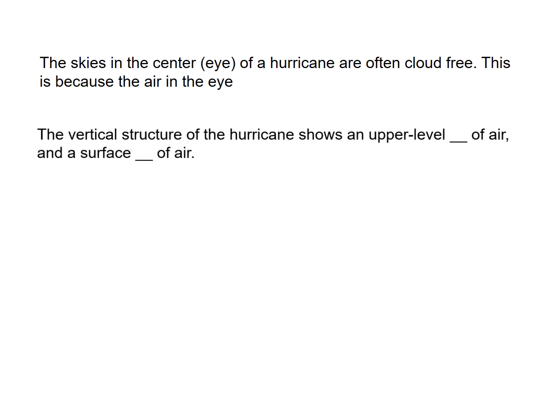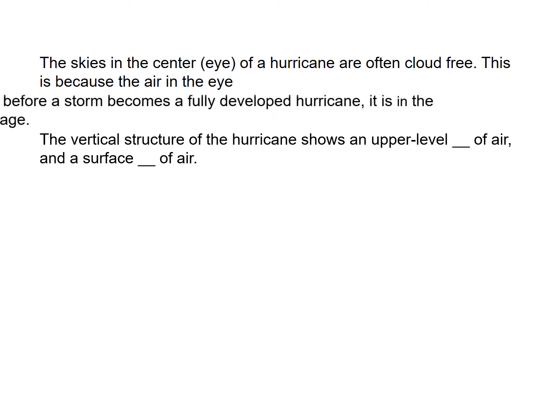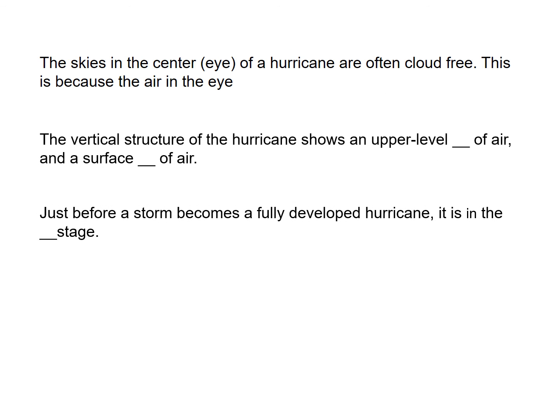The vertical structure of the hurricane shows outflow of air at the upper level and inflow of air at the surface. Just before a storm becomes a fully developed hurricane, which stage is it in?